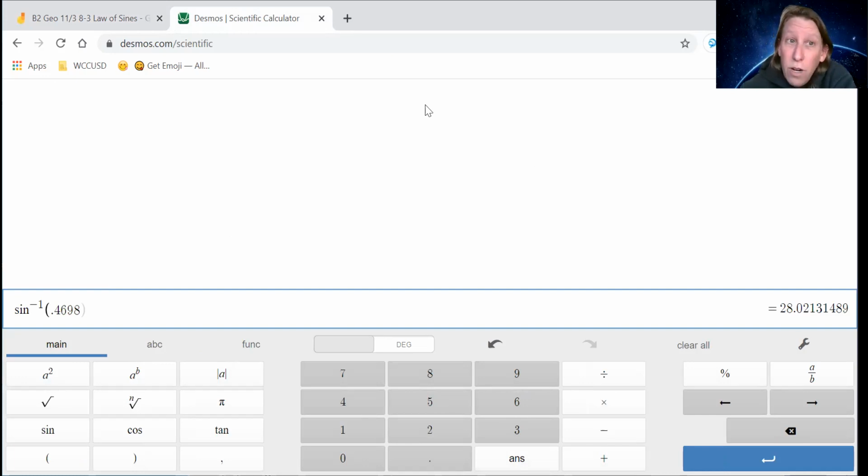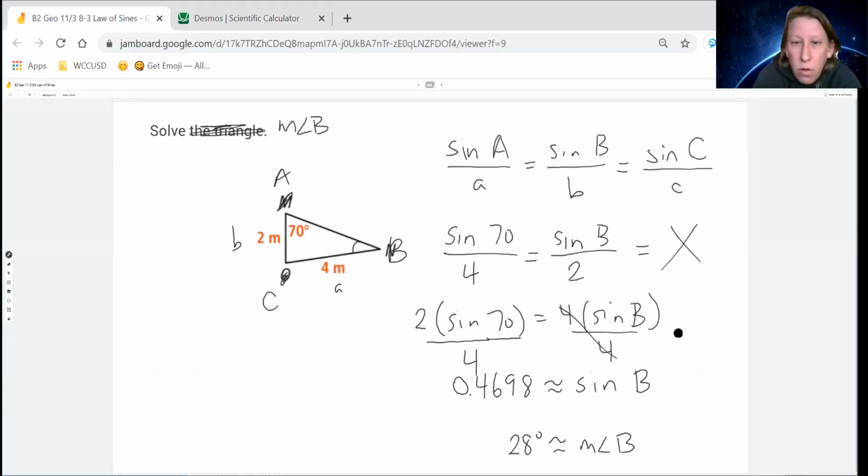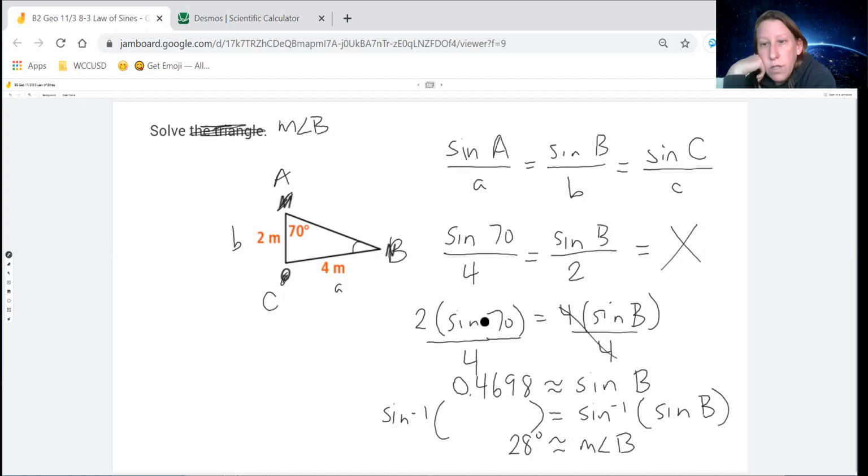Or if you want to be really fancy and you don't want to show any work, you could do the inverse sine of all of this, and that's going to equal the inverse sine of the sine of B. If you do the inverse sine, that's going to give you the measure of angle B. When you do the inverse sine on both sides, the inverse sine and the sine are inverse operations, so they go away, and what you're left with is the measure of angle B.